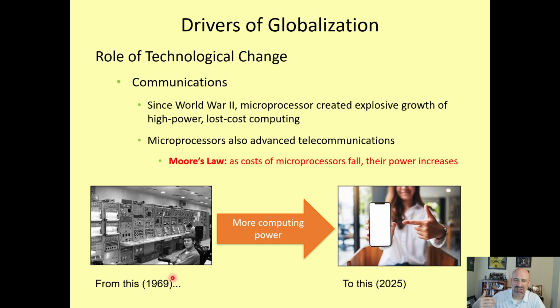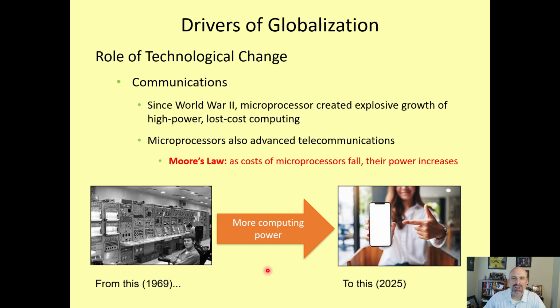When we look at changes in our ability to communicate, there's this thing called Moore's Law, which essentially states that about every 18 to 24 months, the power of microprocessors essentially doubles. It's not exact, while also costing less to produce.